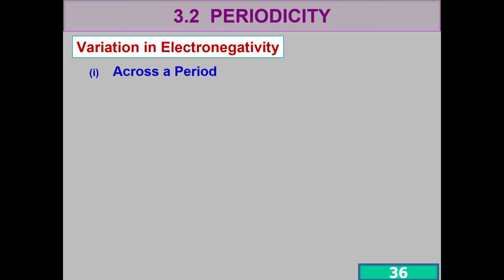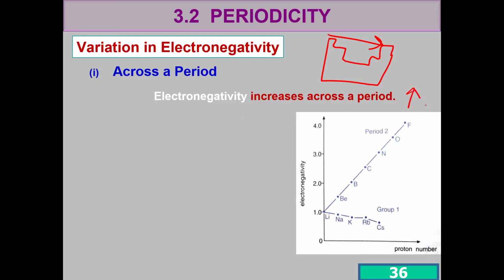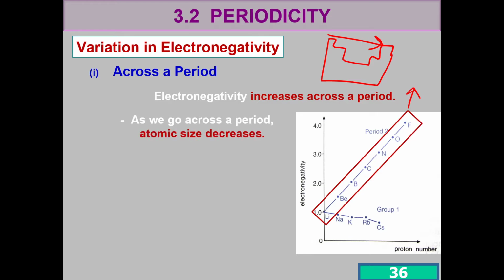So let's see the trend in electronegativity. So across the period, okay, across the periodic table, okay, dah makin buruk dah periodic table ni. Okay, across the period, the electronegativity increase. Kenapa dia increase? The reason dia increase, kalau you remember, size tadi decrease. Kenapa size tu decrease? Is because effective nuclear charge dia increase.